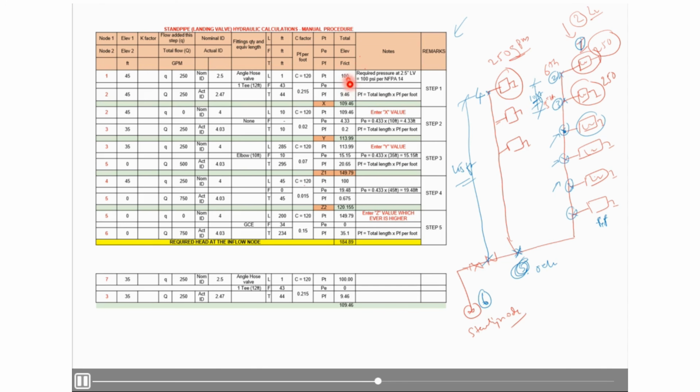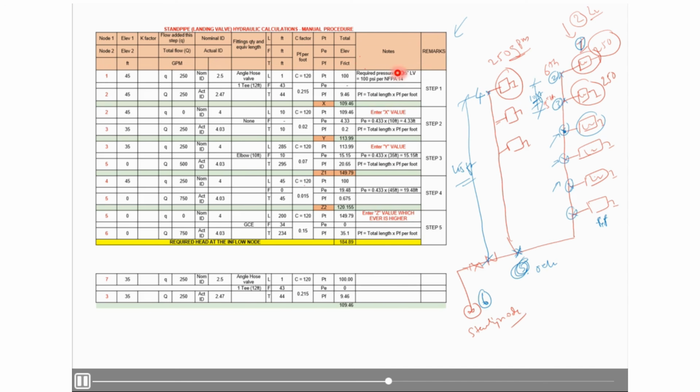Then we add 100 plus 0 plus 9.46, we get 109.46. So if we require 100 psi here, at node 2 we need to have 109.46 pressure, then only we will achieve 100 psi pressure at this particular landing valve.